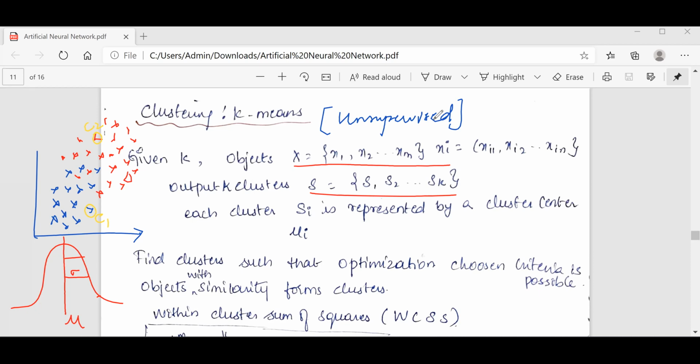For example, from C1, I will consider this point and identify the Euclidean distance. We know what Euclidean distance is, right? It is the square root of (x2 minus x1) squared plus (y2 minus y1) squared. I identify the first Euclidean distance for the first point, then the second point, third, fourth, fifth, sixth, seventh.